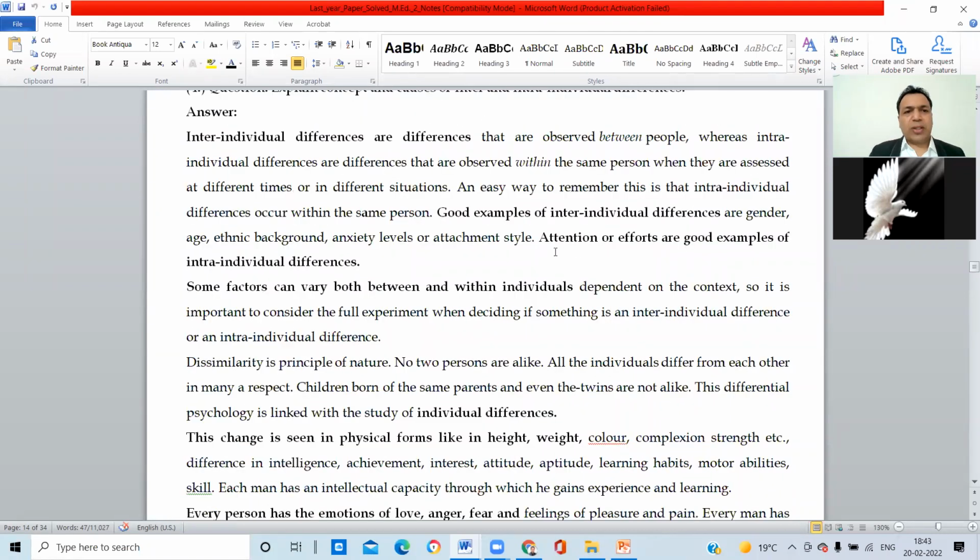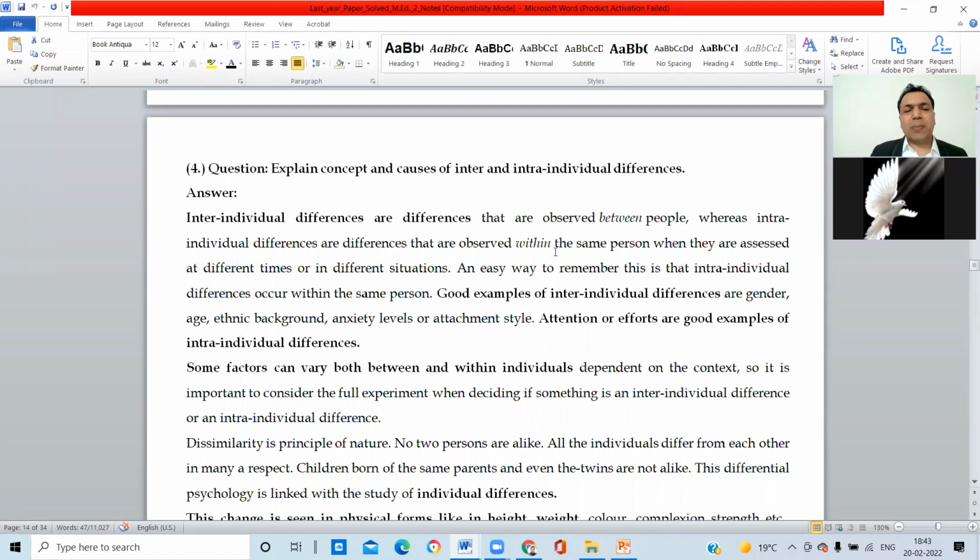Okay, the next question, the fourth question that came: explain the concept and causes of inter and intra individual differences. Right, guys? So here, first of all, you have to talk about inter individual difference, then intra individual difference. What is inter individual difference? Inter means between two persons, right?